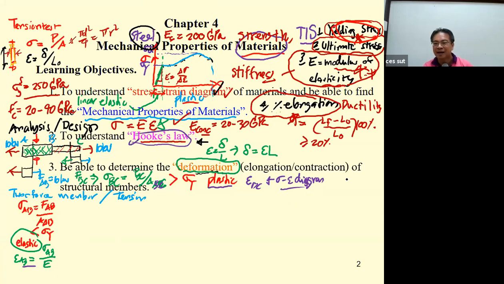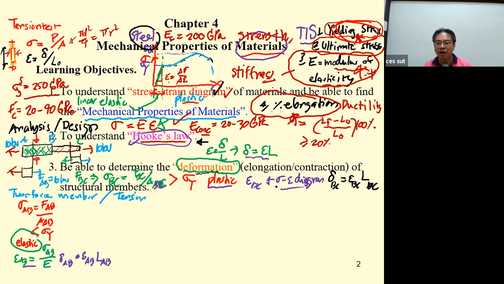And then the deformation of this one will be determined from delta sub AB, from this equation, equal to strain sub AB times the L sub AB. And finally, the strain for this one will be used to determine the deformation of BC, equal to strain sub BC times the length BC.